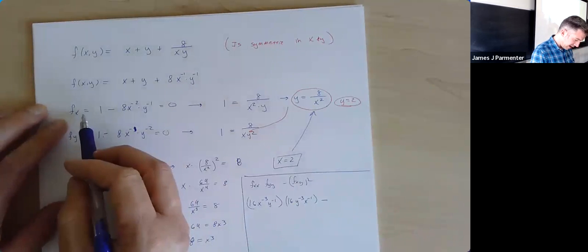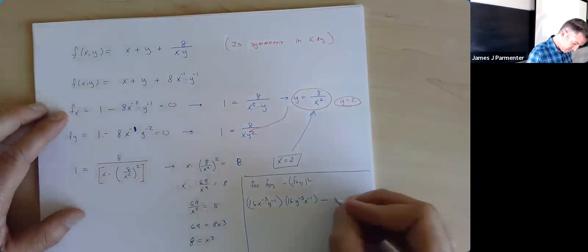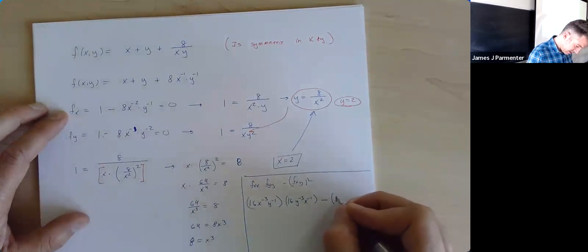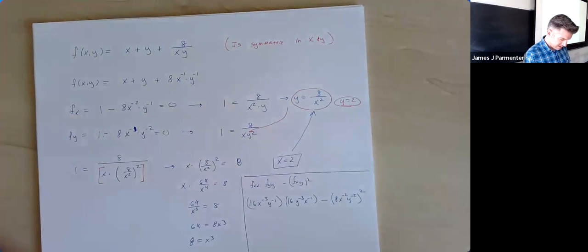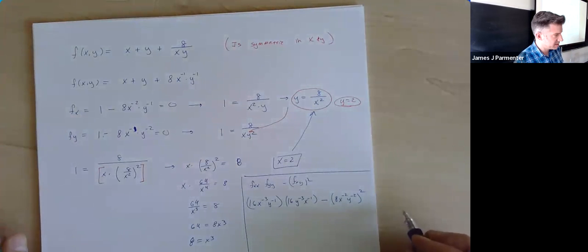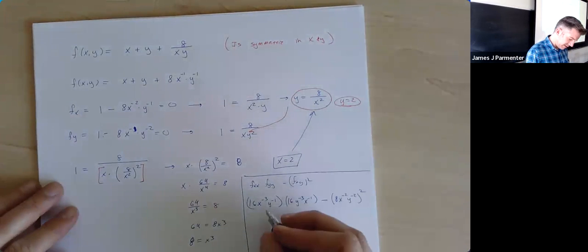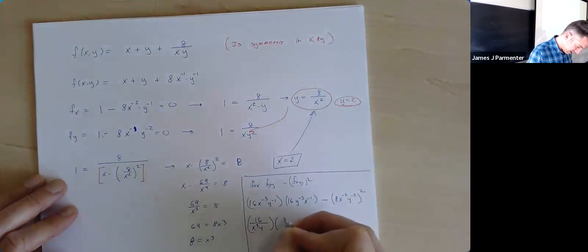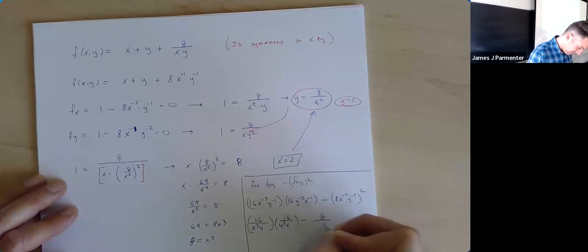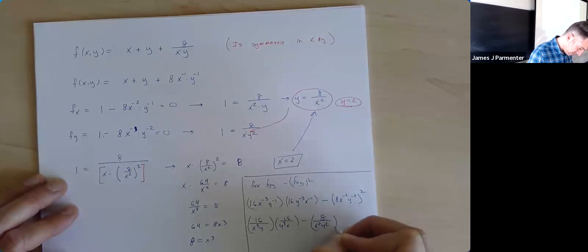And fxy is going to be positive 8, x to the negative 2nd, y to the negative 2nd. Yeesh. That seems terrible. I would definitely rewrite this as 16 over x cubed y times 16 over y cubed x minus 8 over x squared y squared, squared.